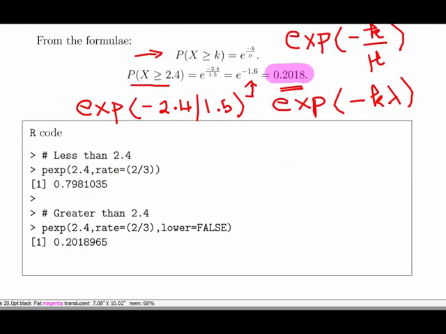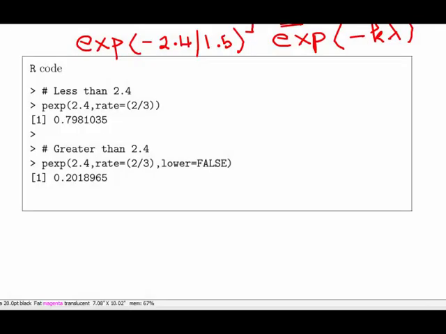Now what I'm going to do is throw in some R code. The cumulative distribution command is pexp. The value we're interested in is 2.4, and additionally we have to specify the rate parameter. Here I specify the rate parameter as 2 over 3, or 0.666 is fine.